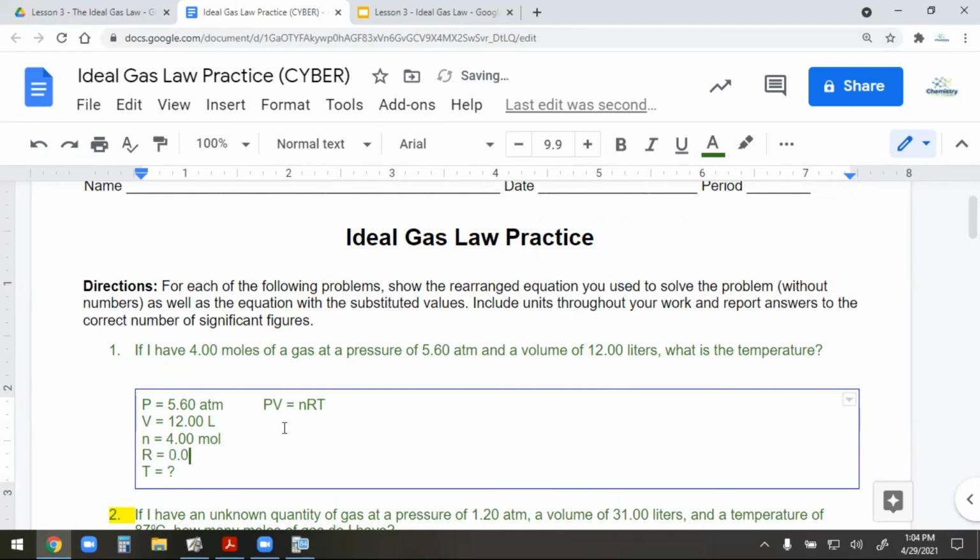And remember that we always know the constant 0.0821 liter times atm divided by moles times Kelvin. Now, knowing this, we can solve for our temperature. So in our case, temperature is going to be equal to PV over R times n.